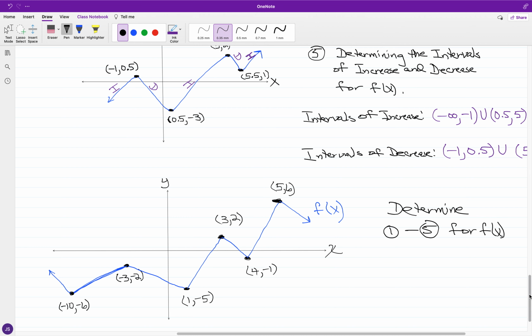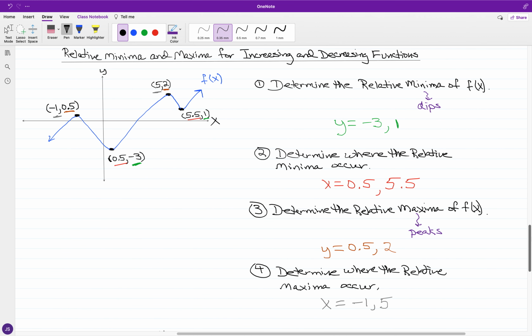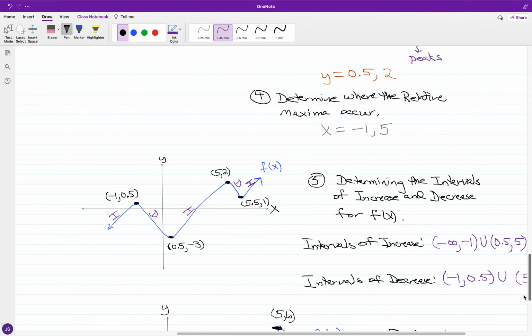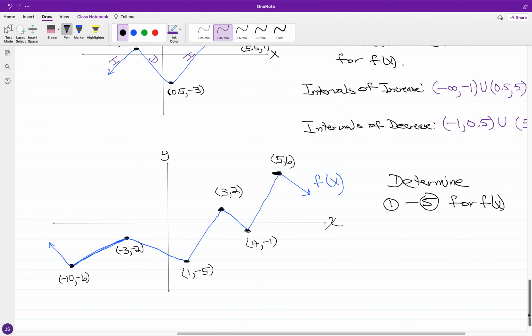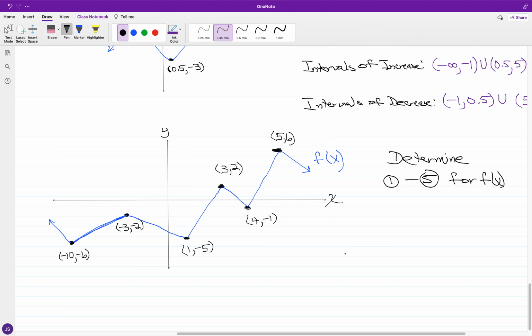What I mean by 1 through 5 is that first of all determine the relative minima and where they occur, then determine the relative maxima and where they occur, and then finally the intervals of increase and decrease for this particular function. So just determine what those characteristics are, and we'll discuss in the next few moments.